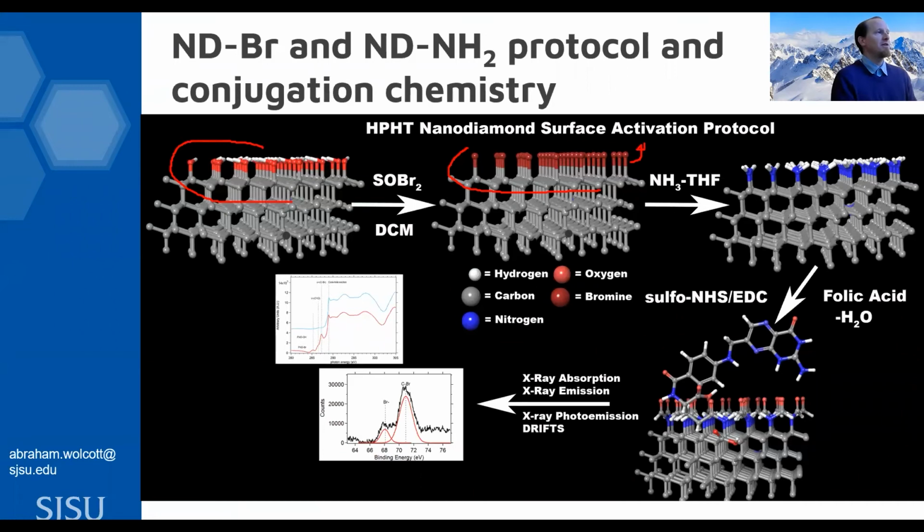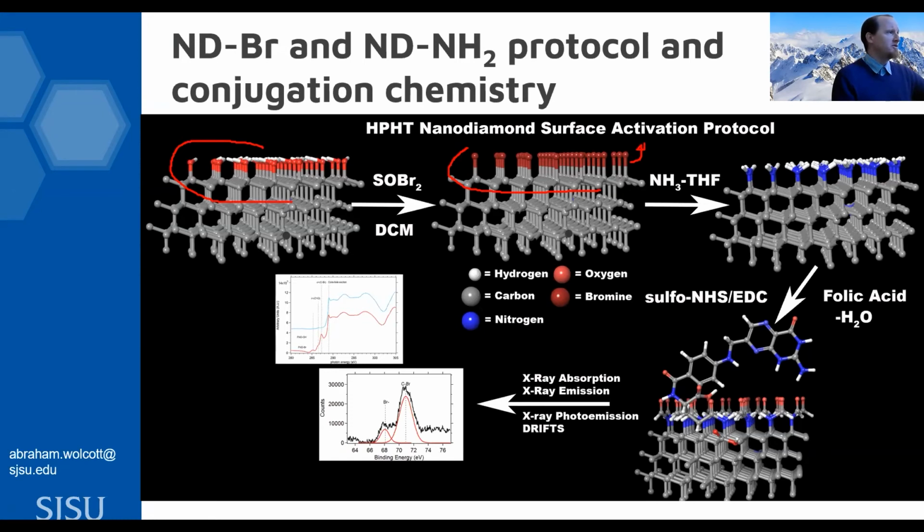Once we've got our aminated surface, we can do linking chemistry. In this particular case, we decided to do folic acid because folic acid receptors are overexpressed on cancer cells, so we wanted to use it as a test bed to show that the amines on the surface of the diamond are still viable for functionalization.